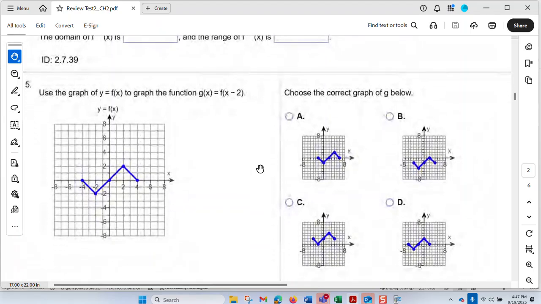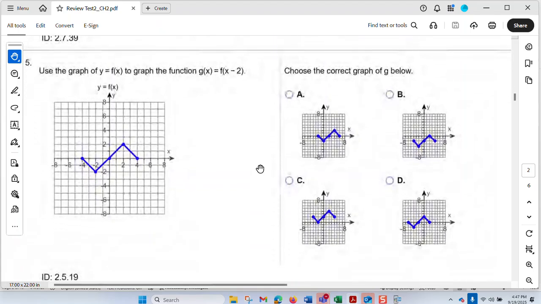Okay, number 5, this one, we do not know what the f of x expression is, but it is giving you the graph. Okay, so you are going to use this graph to regraph g of x. G of x is equal to f of x minus 2. So now you have to know how to read this function.